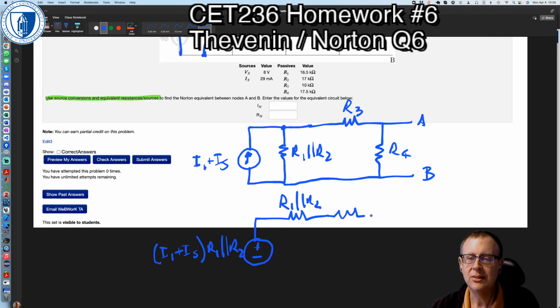That's also going to be in series with R3, and we get to there and we've still got R4 on the output.